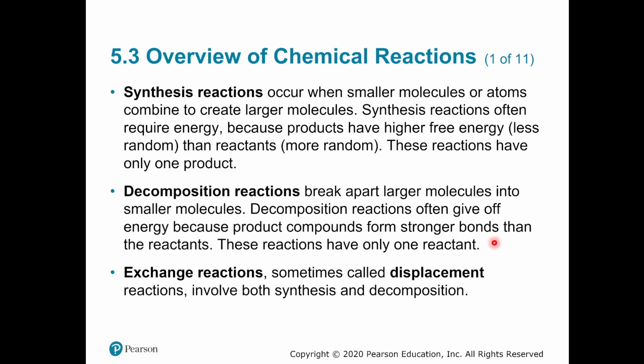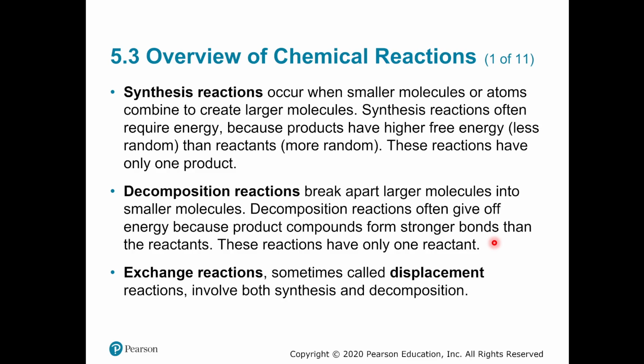Okay. So let's talk about some different types of reactions. We have these synthesis reactions. These are going to occur when small molecules or atoms combine to create larger molecules. You're literally synthesizing something, making something bigger, more complex. These products are typically going to have higher free energy because they're going to be less random.